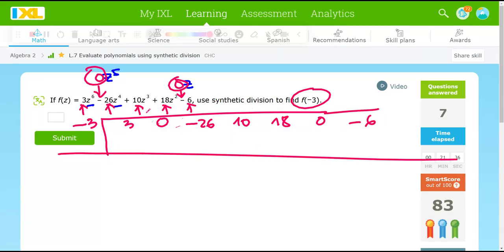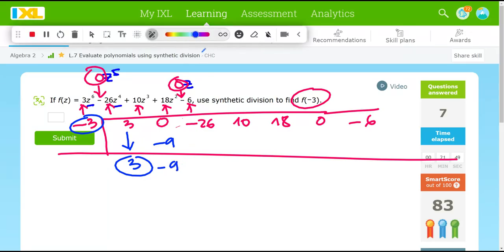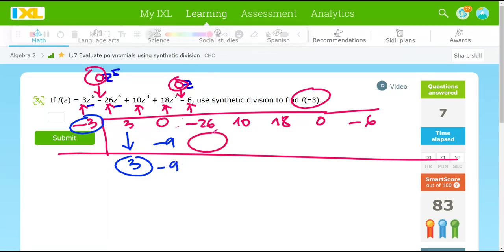Draw this line, leave extra space. First, I move down number 3. Negative 3 with 3, that's a negative 9. Add together 0 with negative 9 become negative 9. The next one is, I want to find this number. I take negative 3 times negative 9 is 27.